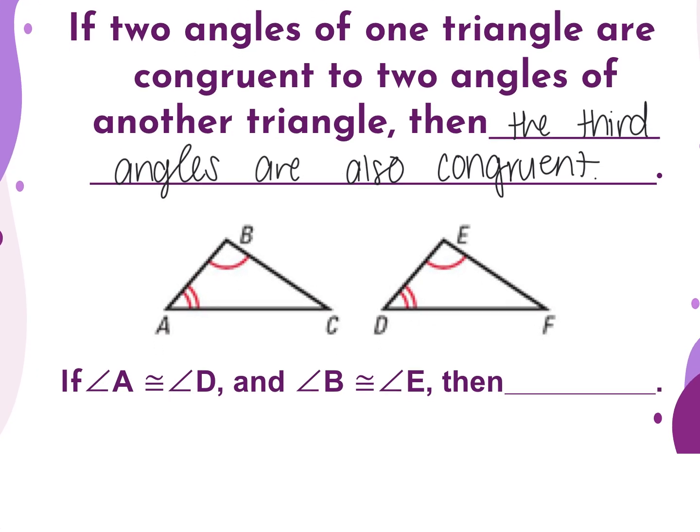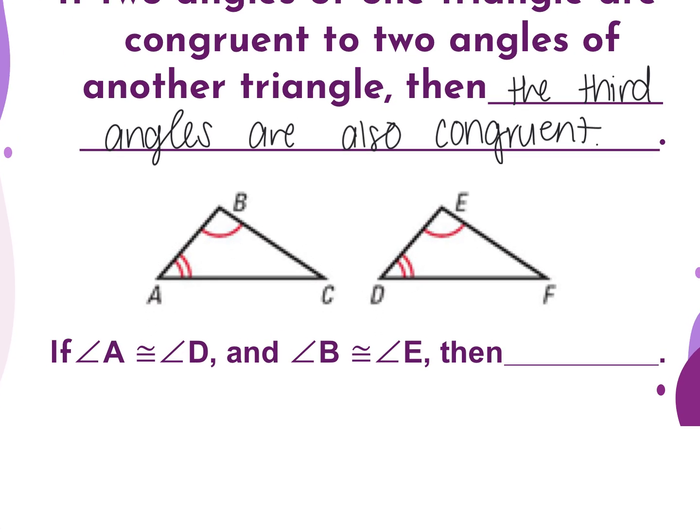Looking at the diagram, angle A is congruent to angle D, shown using the little congruency marks, and angle B is congruent to angle E. Then we should know angle C will be congruent to angle F. I'm going to give you an example.